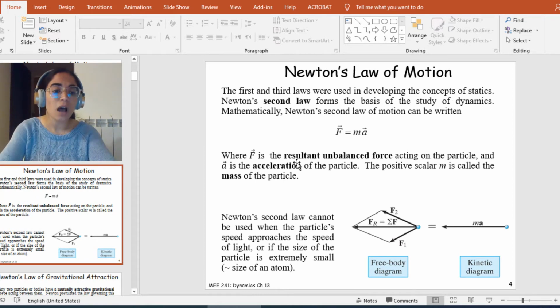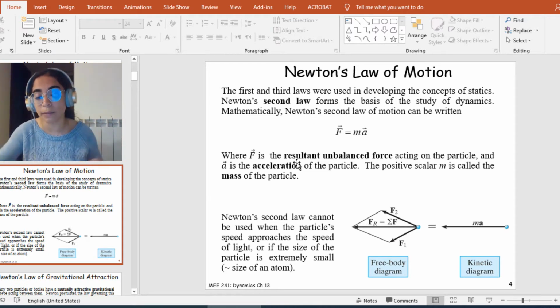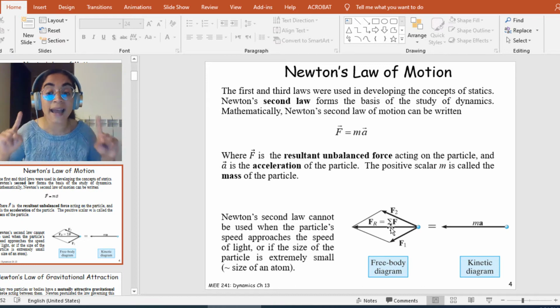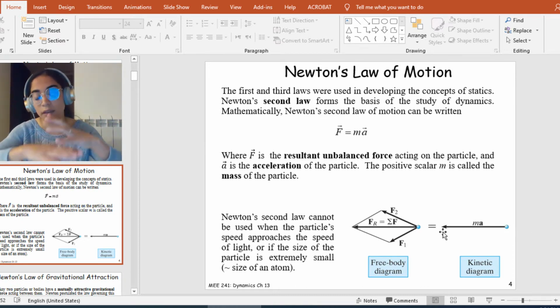So let's focus on the second law of Newton that states that the resultant force, or the sum of forces, is equal to ma. For example, if I have this free body diagram of this body here, and I know that I have two forces, F1 and F2, and that the resultant force will be in this direction. Let's say, for example, it's horizontal to the left, then of course, guys, this particle will move with an acceleration to the left, and this resultant force will be equal to ma.